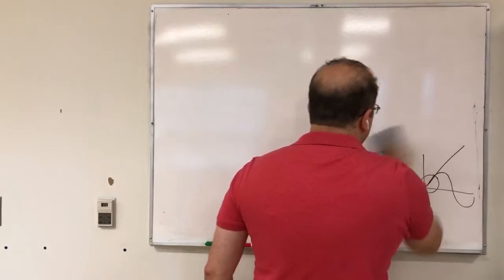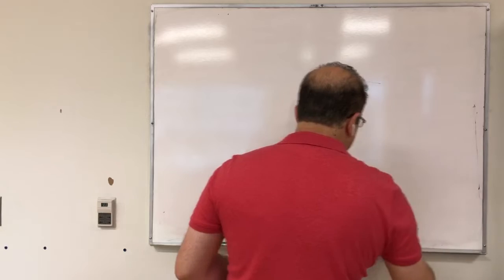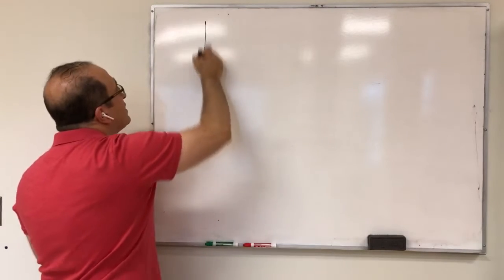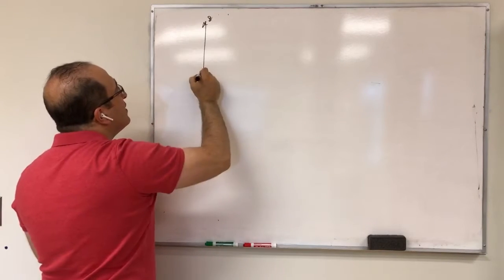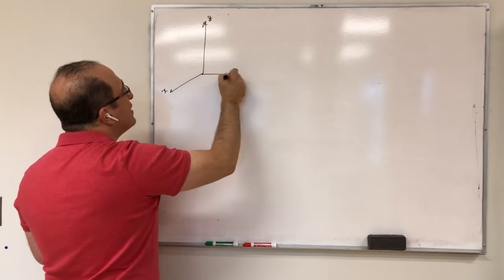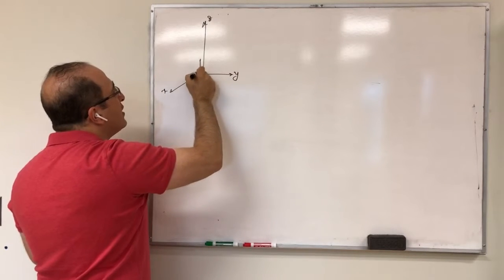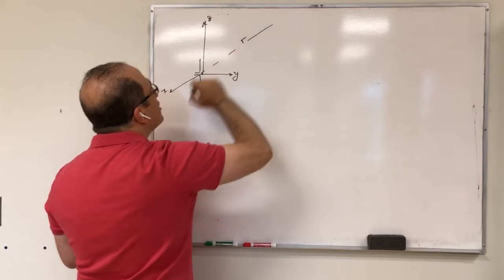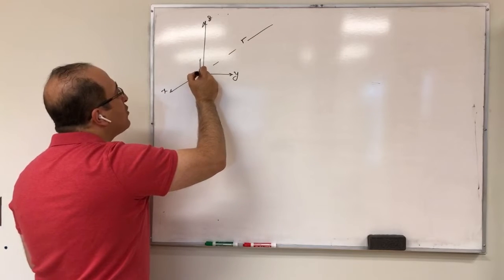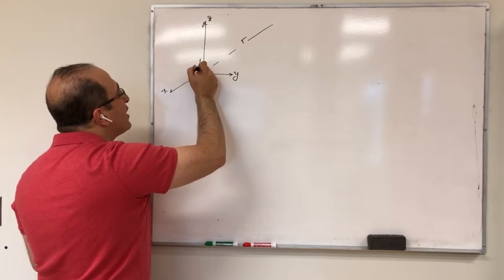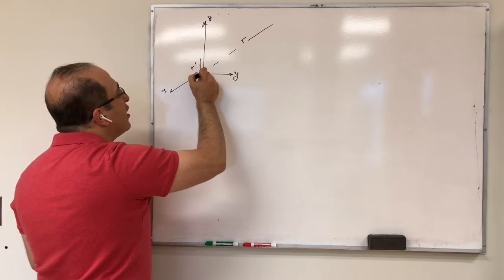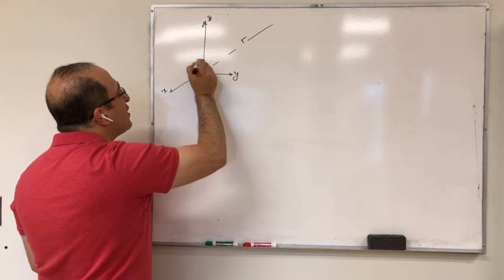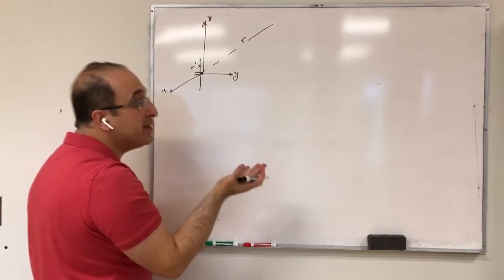Okay, so let's plot the antenna in the coordinate system again. If this is my z, this is my x, this is my y, I assume this is my antenna, and this is my observation point r. And r prime, remember, is the vector that connects from the origin to different points on the antenna. Why am I saying different points?